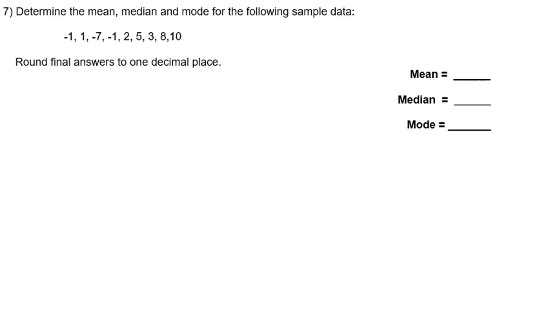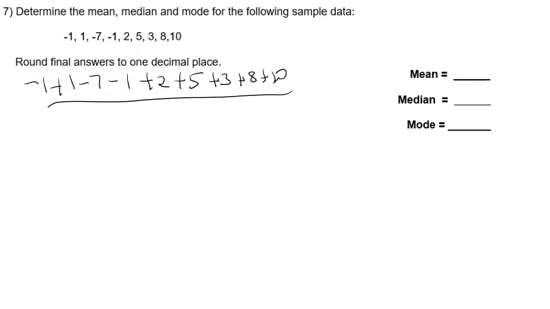Okay, pause the video. All right, so we're going to calculate the mean for the given data here. The mean is simply add up the data. Divide by how many pieces of data you have. 1, 2, 3, 4, 5, 6, 7, 8, 9. 9 pieces of data.